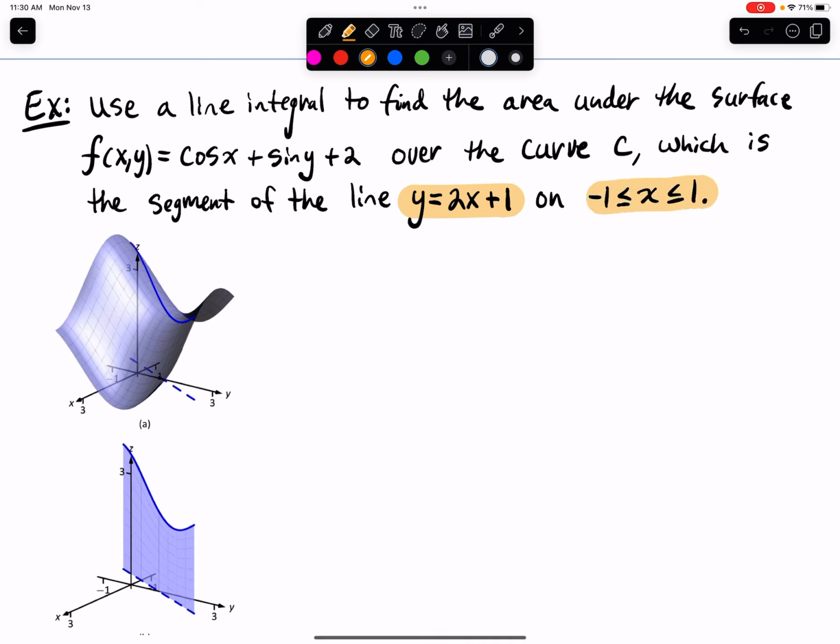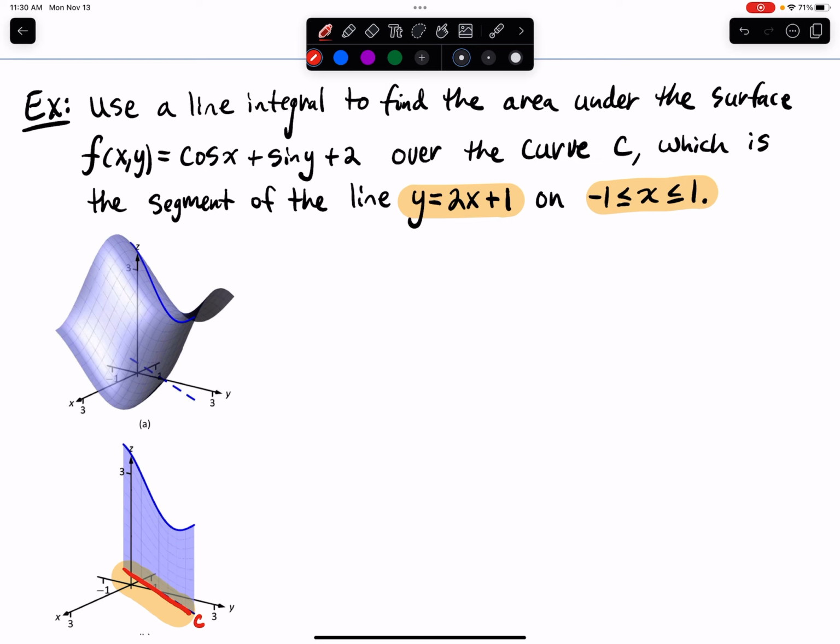But we're only going from x equals negative 1 to x equals 1. So that segment, that C right there, is that curve. All right? It's the line from negative 1 to 1.